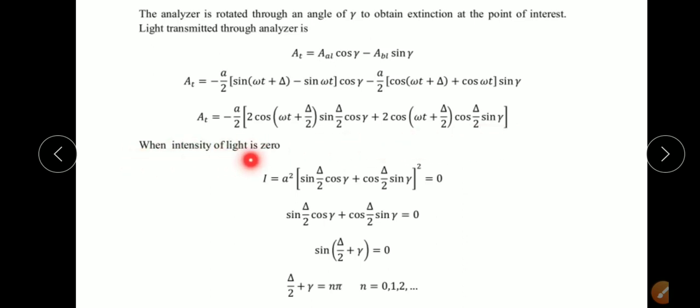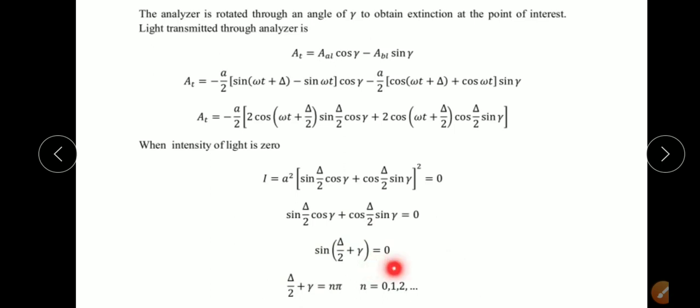When the intensity of light is 0, I is equal to A squared times sin delta by 2 cos gamma plus cos delta by 2 sin gamma, the whole squared, equal to 0. You have to find when the equation is going to be 0. So you take this equation and make it 0, and you can see sin of delta by 2 plus gamma equal to 0 is considered for the extinction. So delta by 2 plus gamma is equal to n pi, where n is equal to 0, 1, 2.